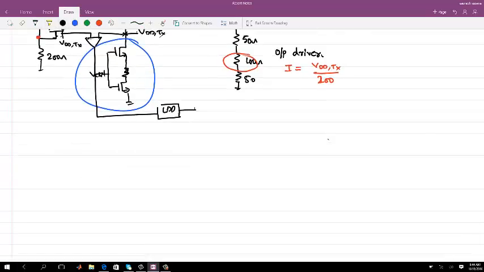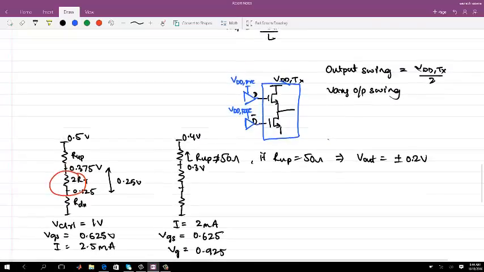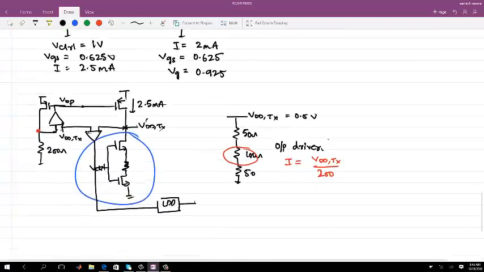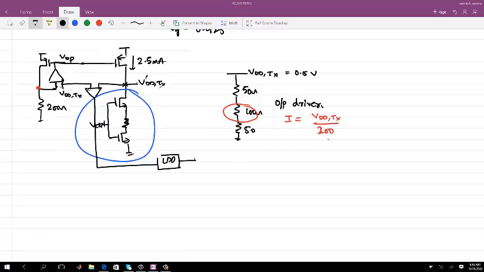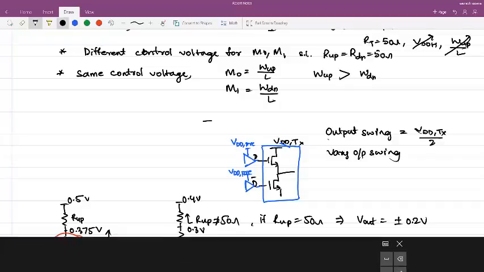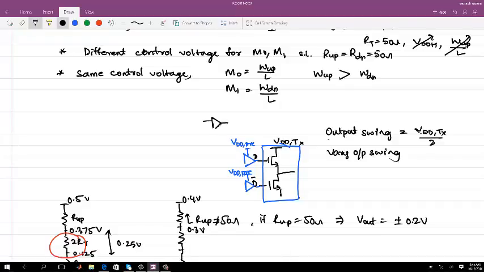So let me just pick up. You see this VDD transmitter, this output pre-driver. Let's say this control voltage is V control pre-driver. Now I use this V control pre-driver as a reference, and this is connected to here.